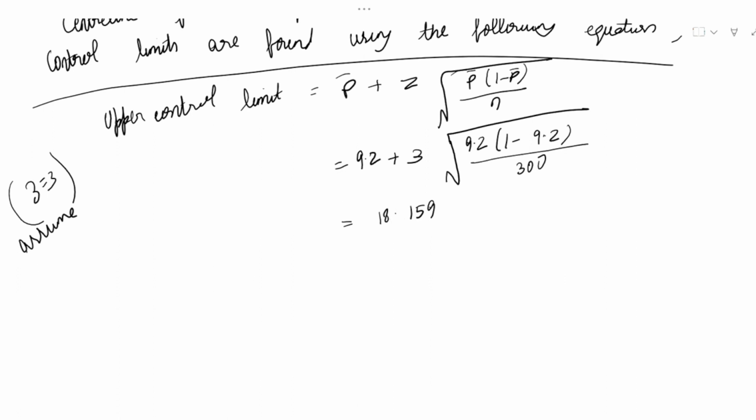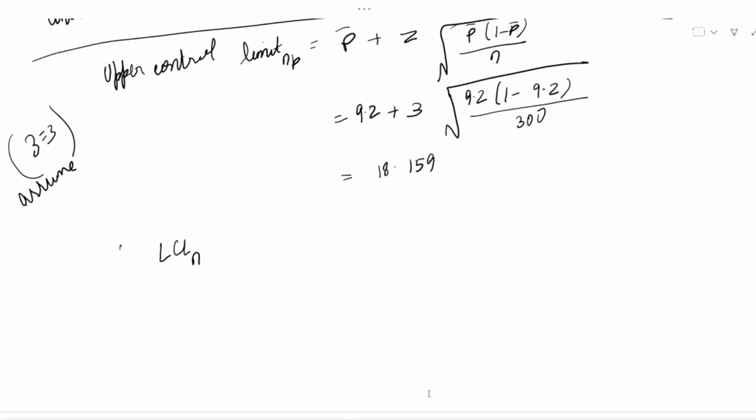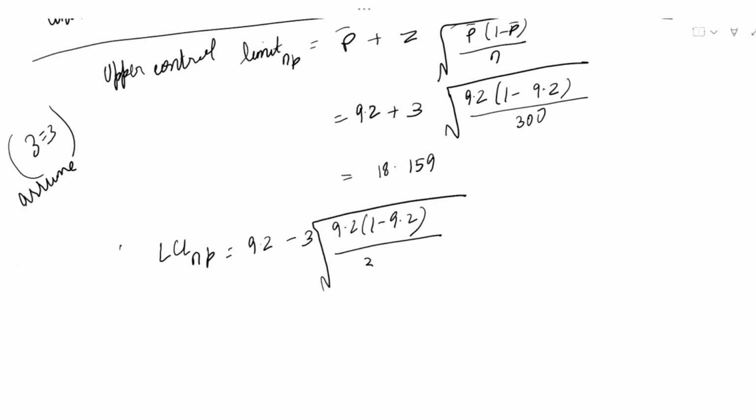Now this is for the NP chart. Now the lower control limit for the NP chart, same formula. So I'll just write down 9.2 minus 3, 9.2, 1 minus 9.2 by 300.